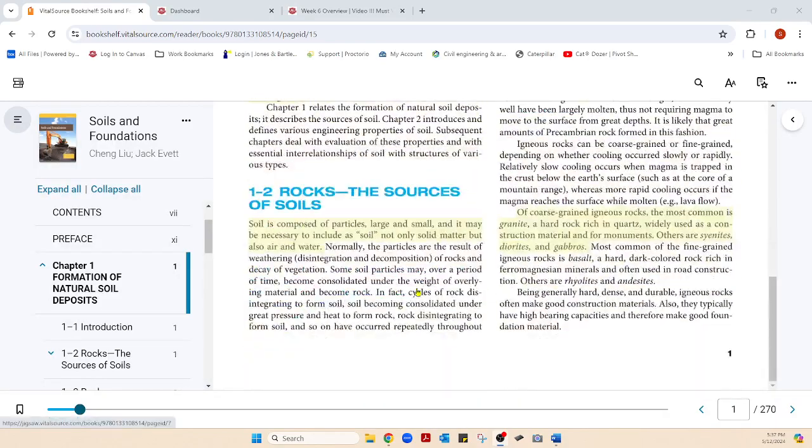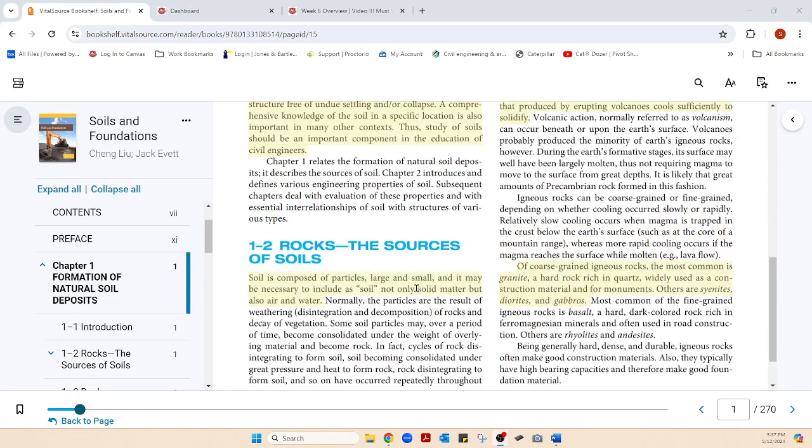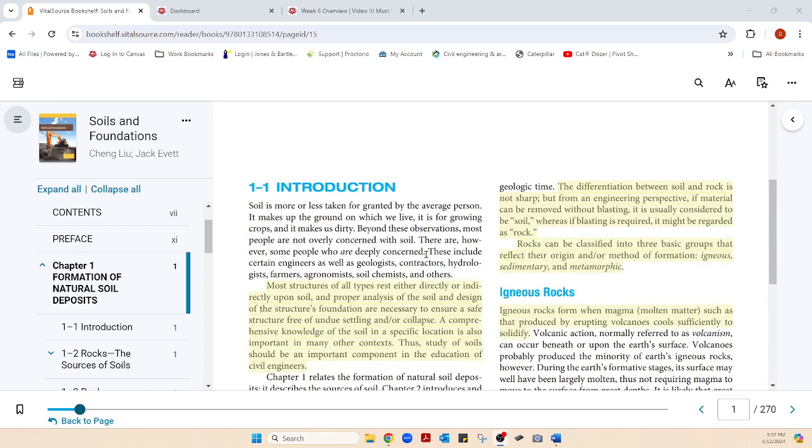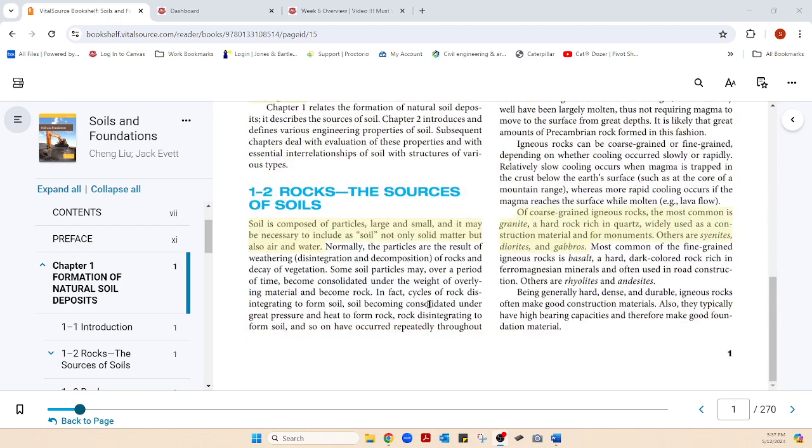And here we start first talking about rocks, the types of rocks. Let me read this. Soil is composed of particles large and small, and it may be necessary to include as soil not only the solid matter but also the air and water that is in soil. The particles are a result of weathering of rocks, degeneration and decomposition of rocks, decay of vegetation.